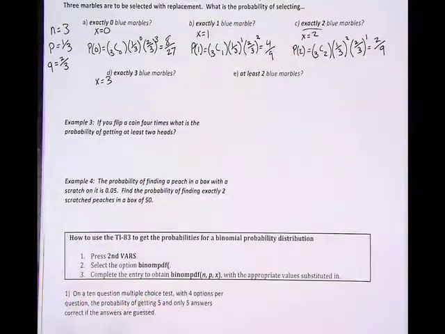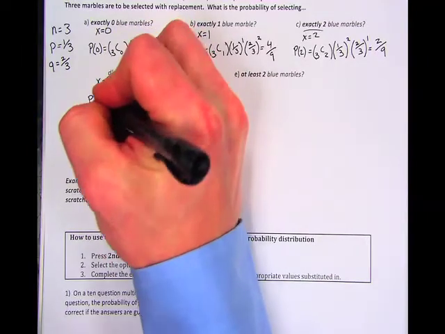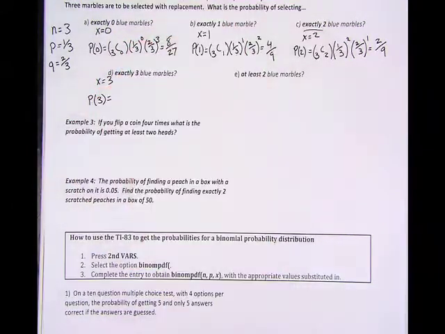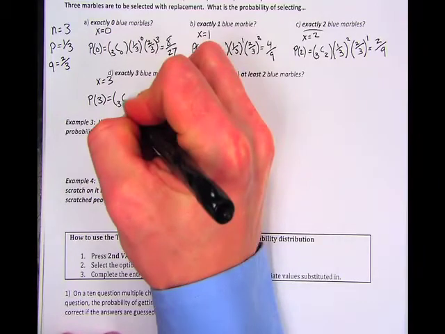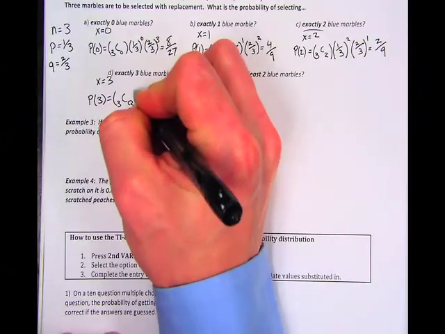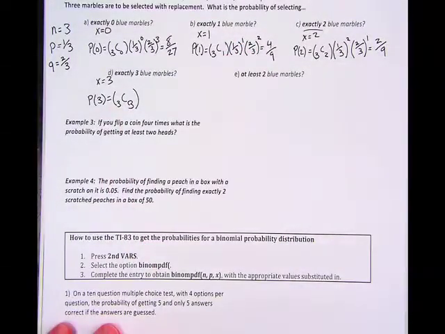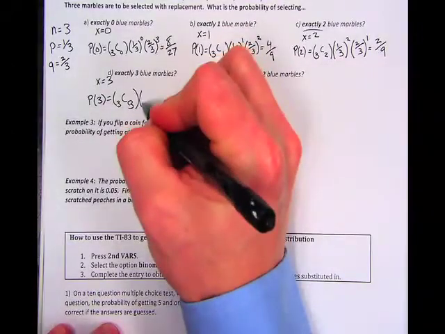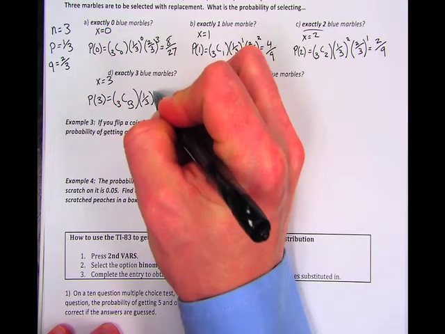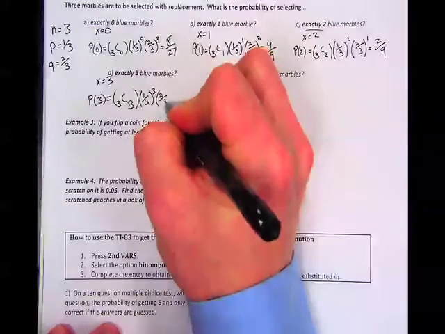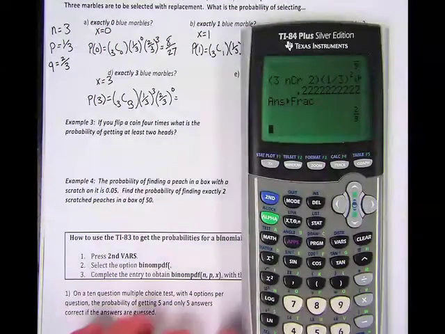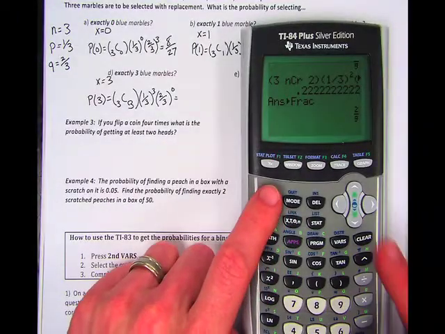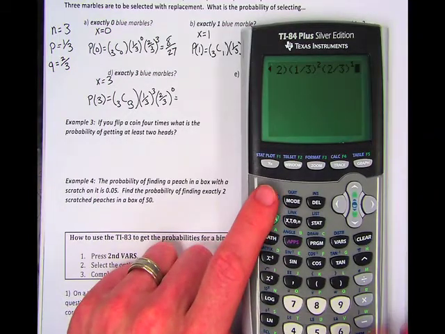Now when we look for P of 3, okay, write out your formula there. And we'll go back through and change these.